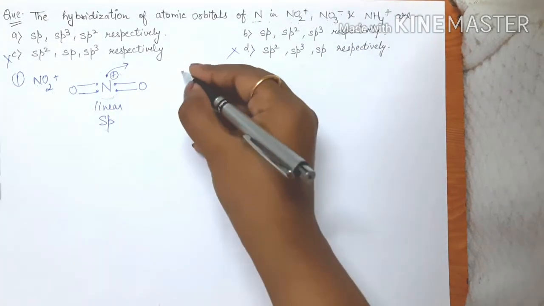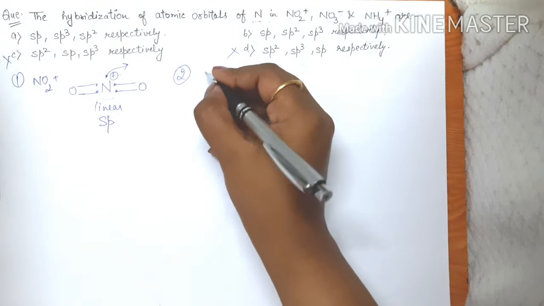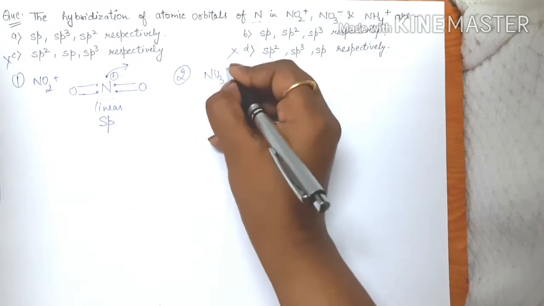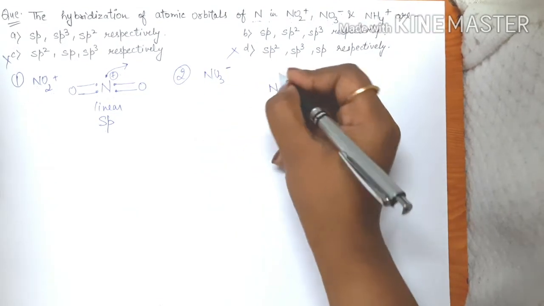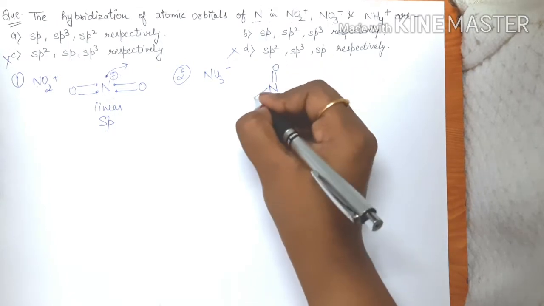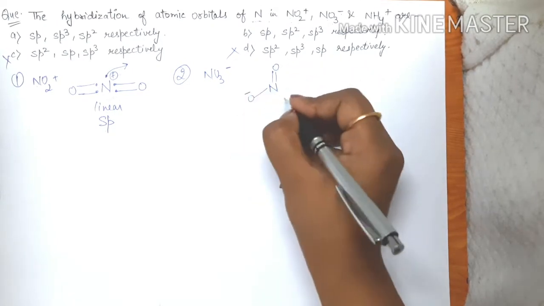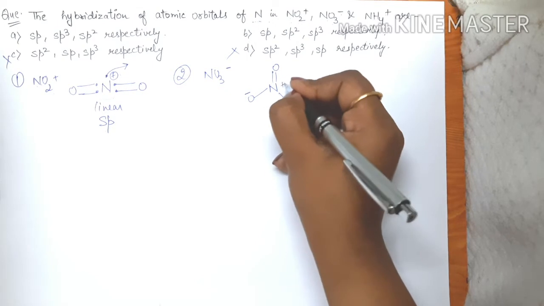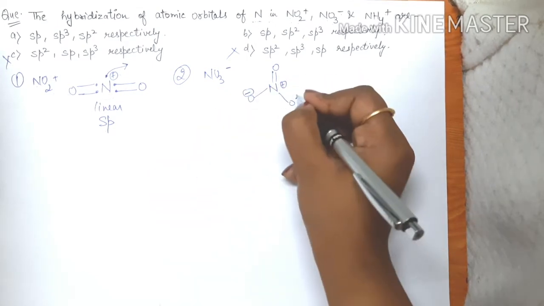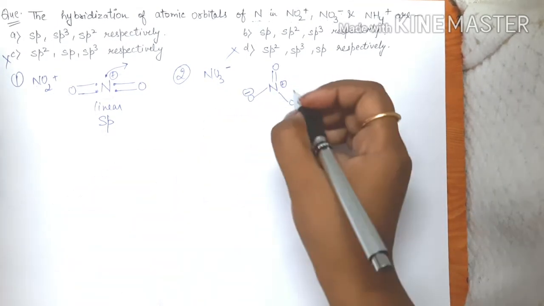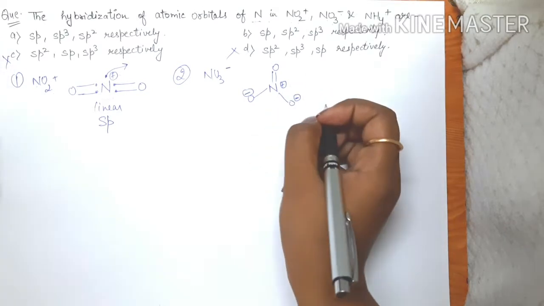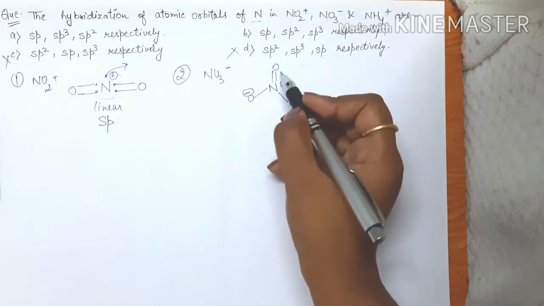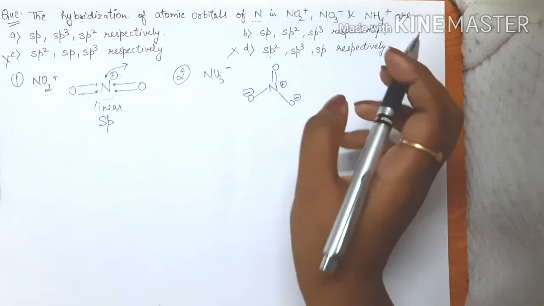So if we discuss the case of NO3 negative, then you know it will be like this: O negative and one positive charge on the nitrogen. That we all know. Now we have practiced enough, so we know we can make the structure directly now.